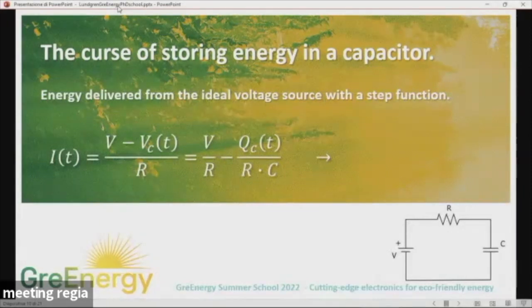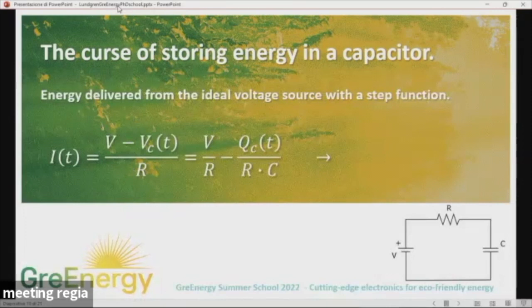So if we would look at the equation for that, we would say that the current that we will have as a function of time, the loading current in that case with a step function for the voltage, would be the voltage drop over the resistor divided by the resistance.